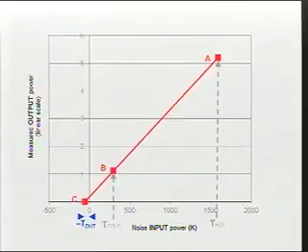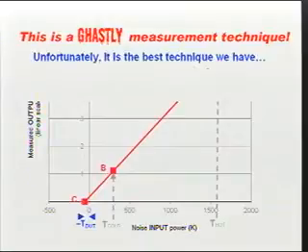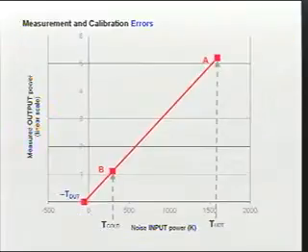This is where the trouble starts. So it's a ghastly, it's an awful measurement technique to measure something so tiny, so far away from the actual quantities that you can physically measure. Right, so here are some of the problems. Well, okay, it's the best technique we have, or maybe it is. If we have time, we'll come back to that.